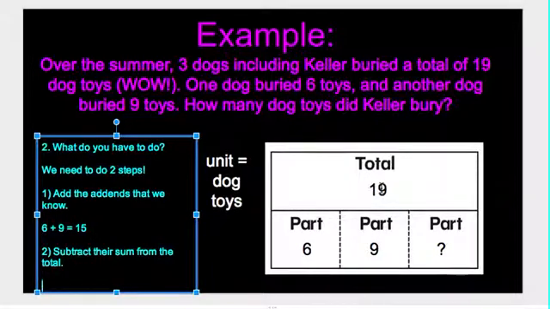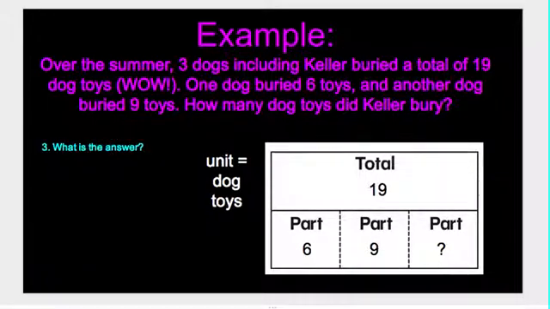Our total is 19, so we are going to do 19 minus 15 is equal to 4. I don't know why I put a question mark there. So, what is the answer? Our answer is 4.